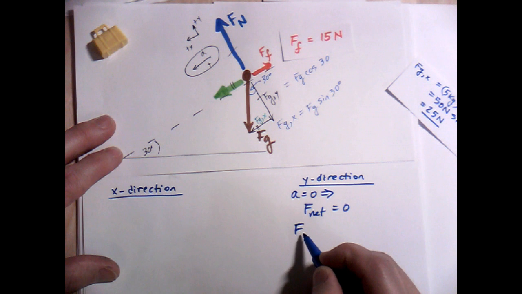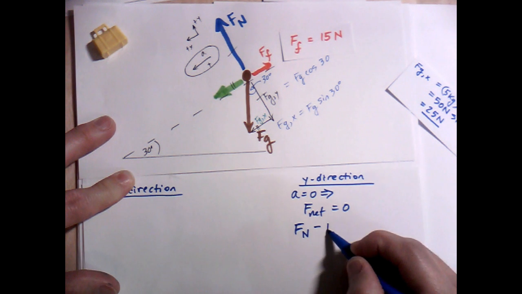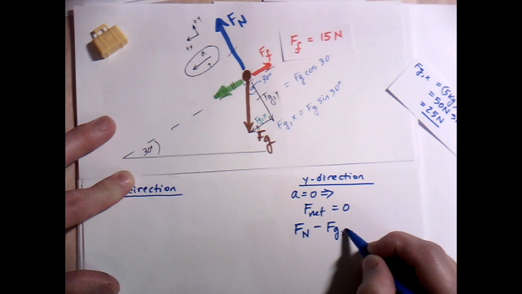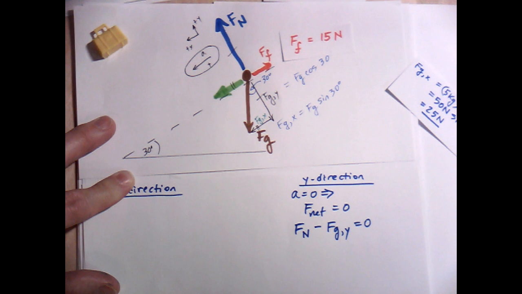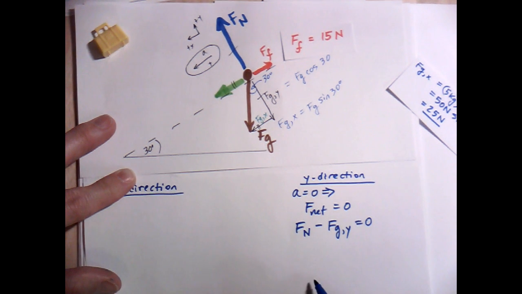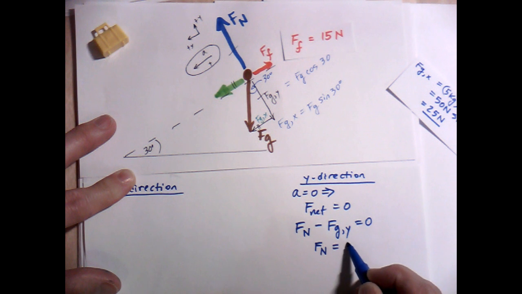and that means that the normal force minus Fg in the y direction add up to be 0, which we can see algebraically means that the normal force is equal to Fg in the y direction.